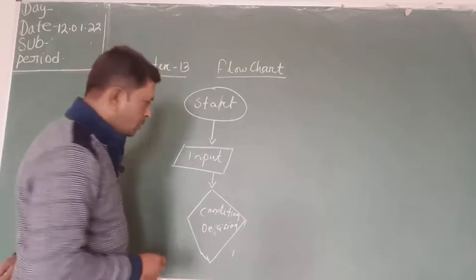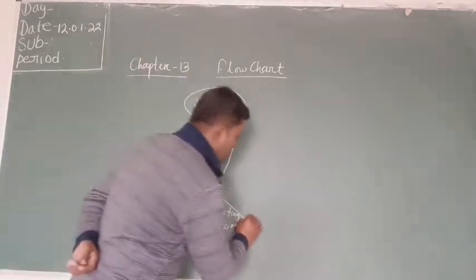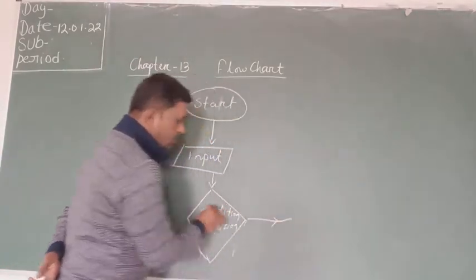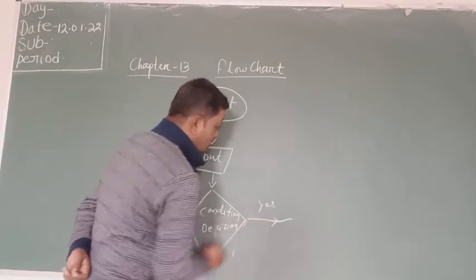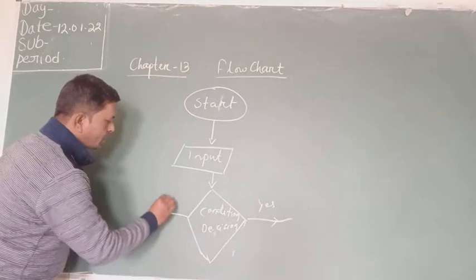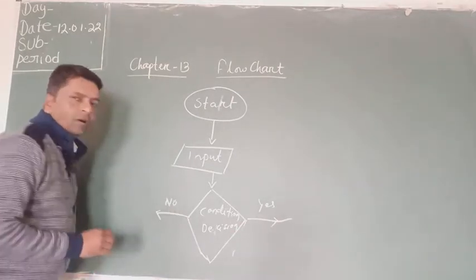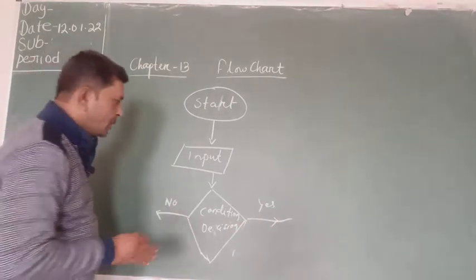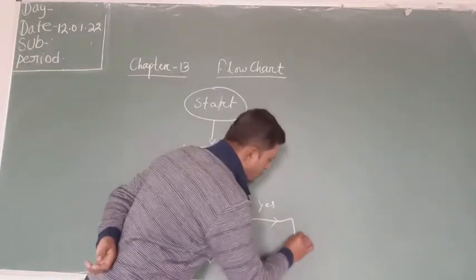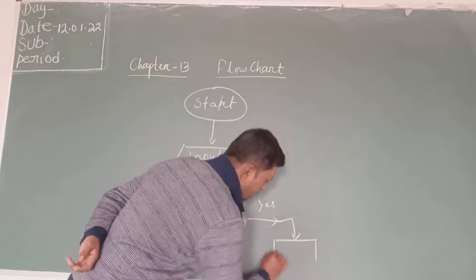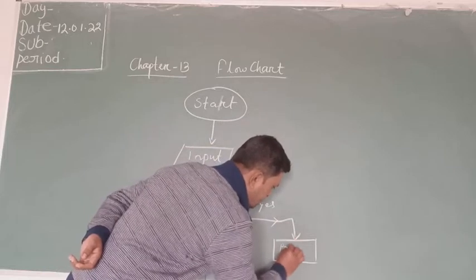After concluding from the condition, if the condition is true or yes, or if the condition is false, there we have two ways, and we have to process two things.